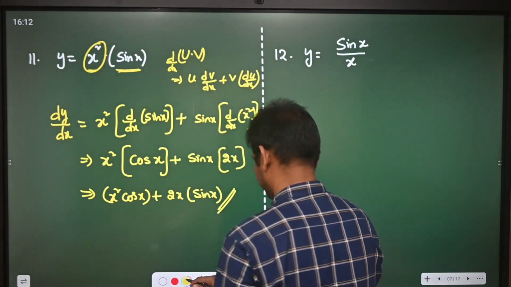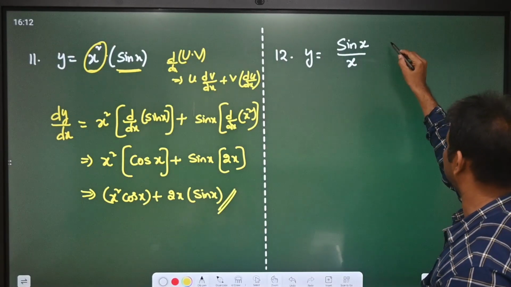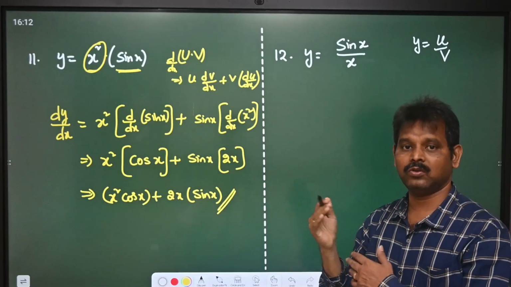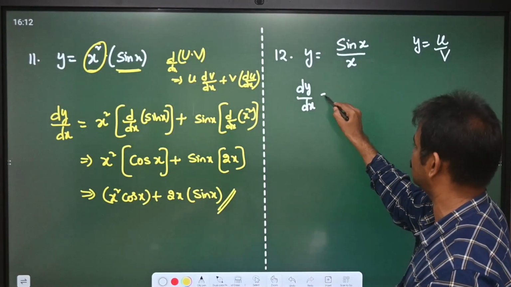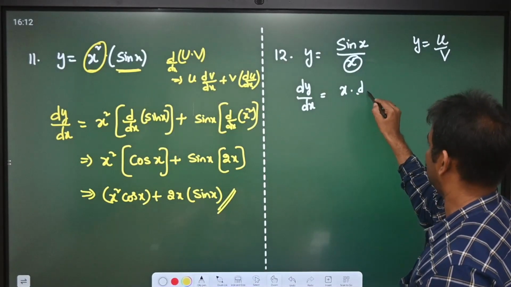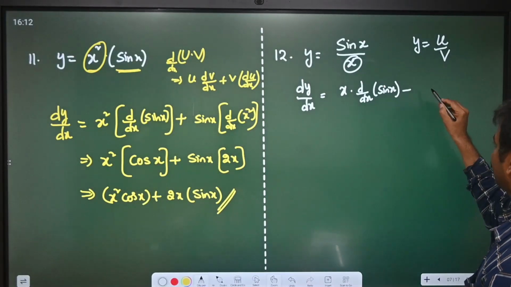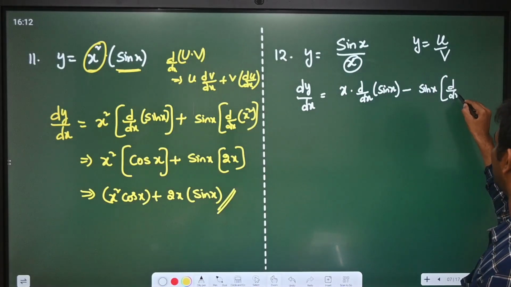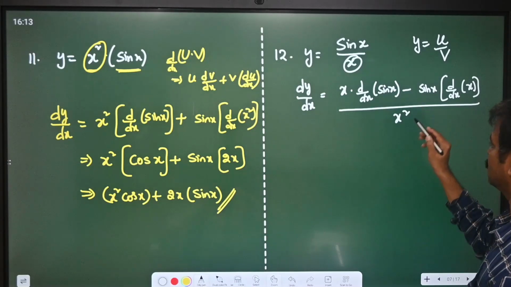The next one, y is equal to sin x by x. So this is in the form of y is equal to u by v. So we need to use the quotient formula. So dy by dx is given by first v into the derivative of the numerator minus the numerator into the derivative of the denominator, divided by x square.